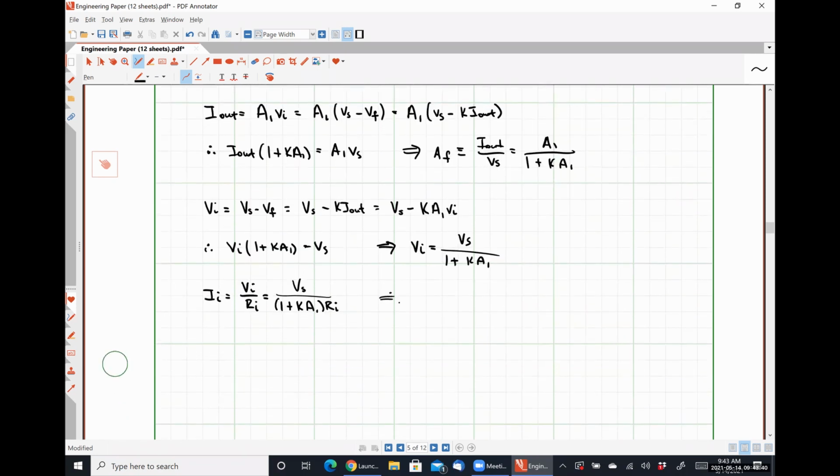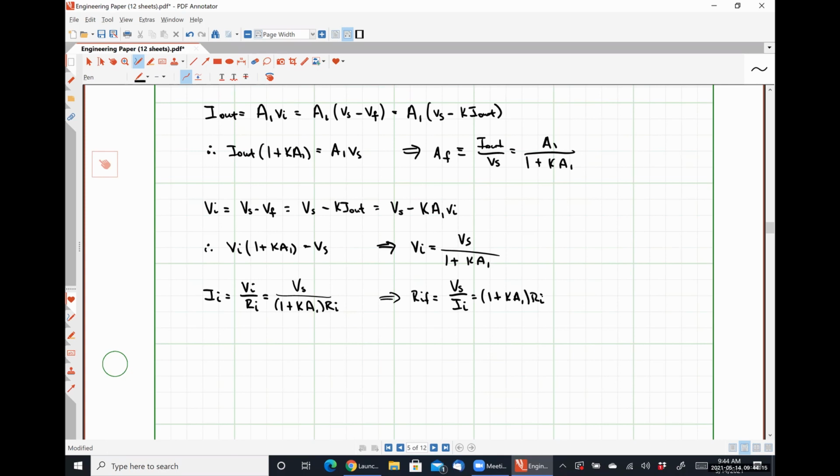And from this, our input resistance with feedback, RIF, is simply VS over I_I, which is (1 + K·A1) times RI. Because we have a series connection at our input, we observe that our open loop input resistance gets boosted by the application of negative feedback.